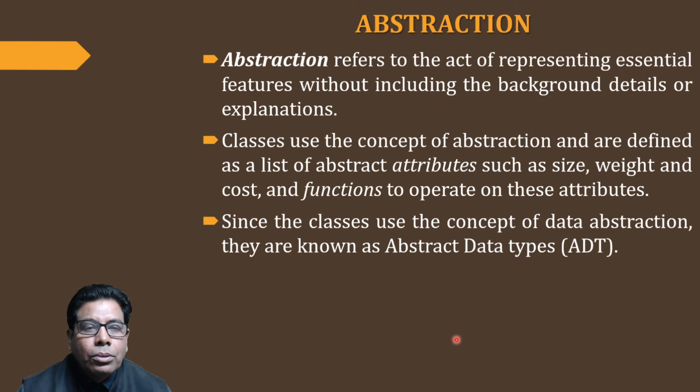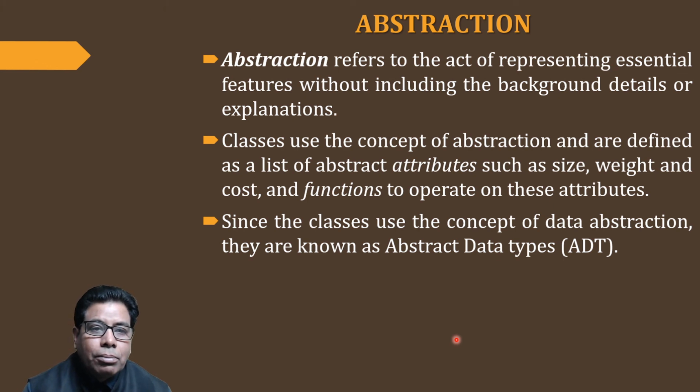Then let us go to the last two features, abstraction and encapsulation. Abstraction refers to the act of representing essential features without including the background details. That is called abstraction. In object-oriented programming, we make use of classes.